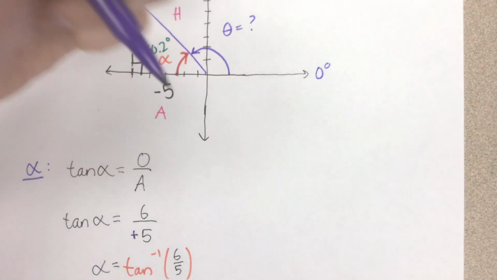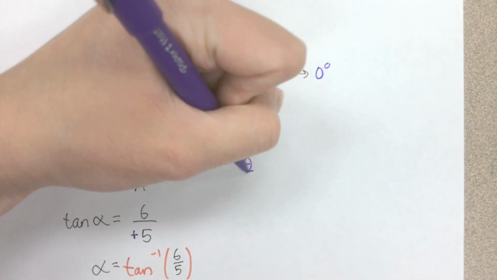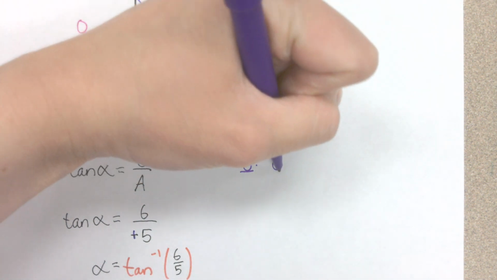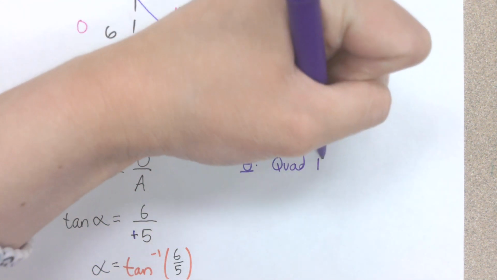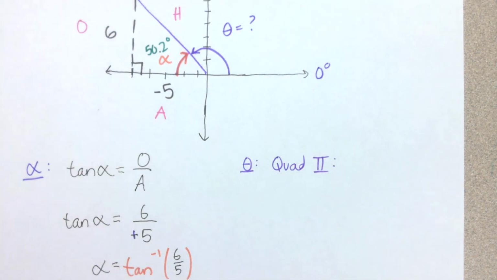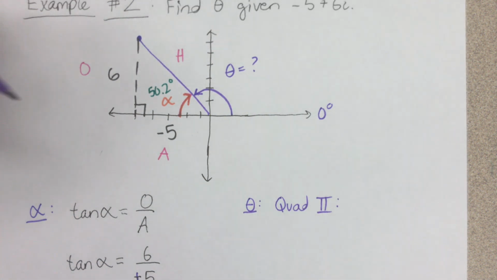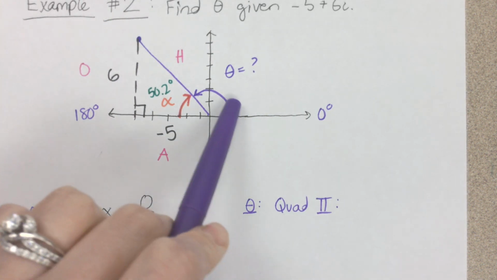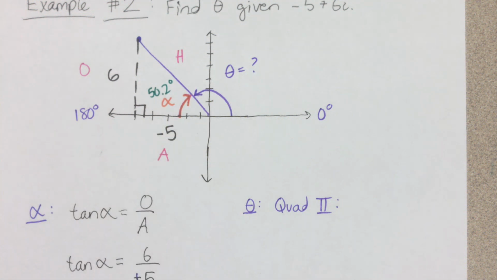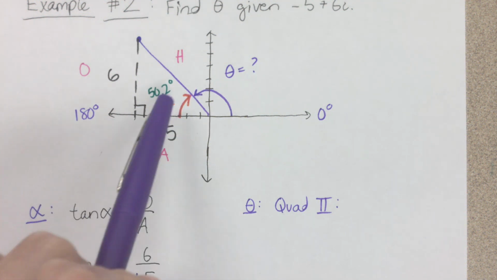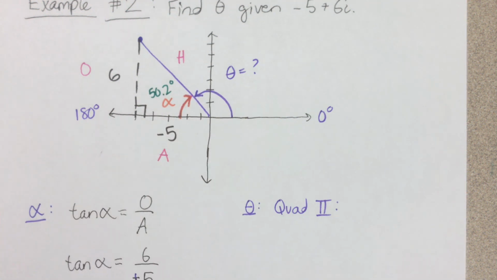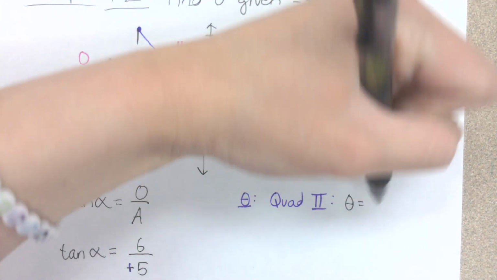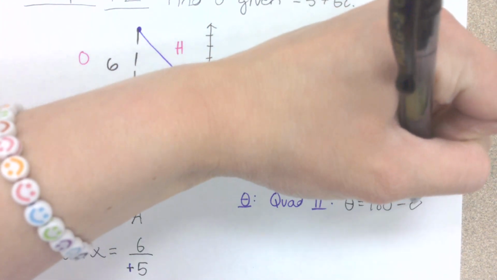And then we find theta. We are in quadrant 2. So quadrant 2, we know that this is 180 over here. And if we put theta and alpha together, they make that 180. So if I do 180 minus the alpha, I'm going to get the theta that's left over. So the rule is theta equals 180 minus alpha.